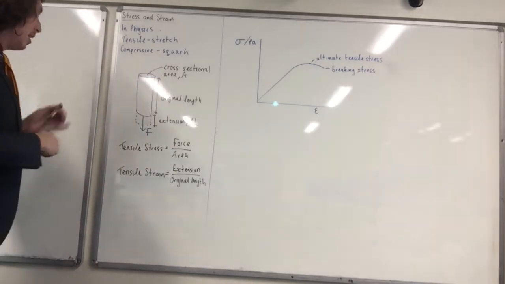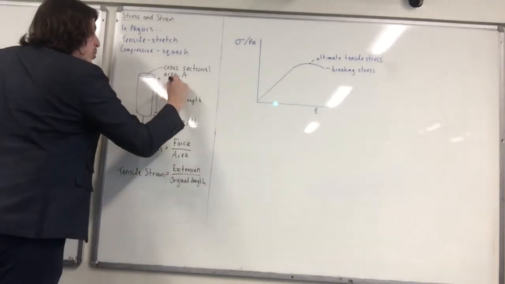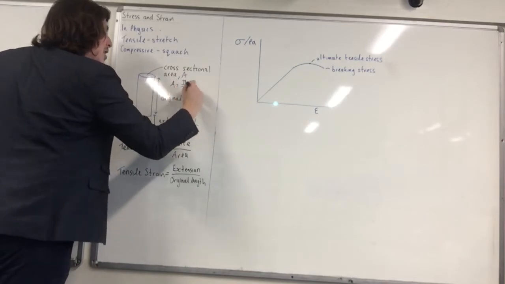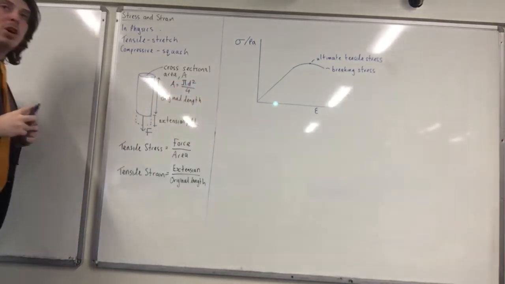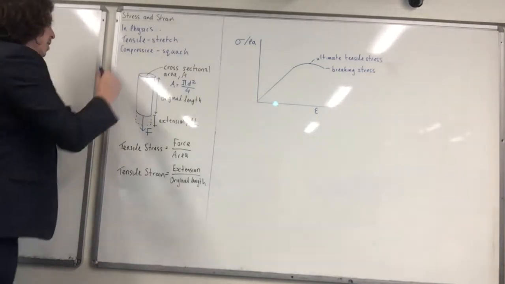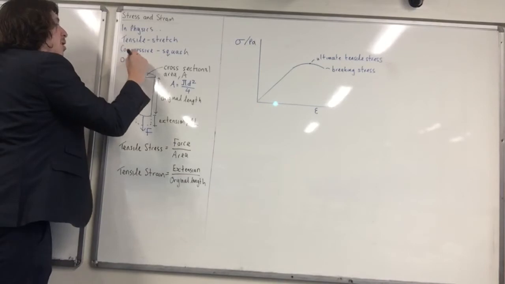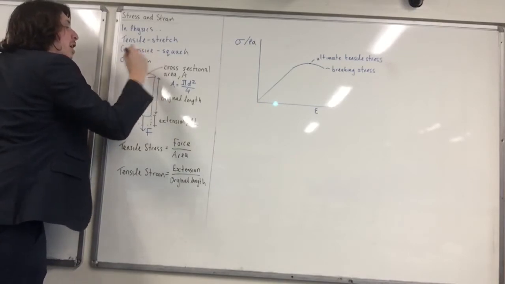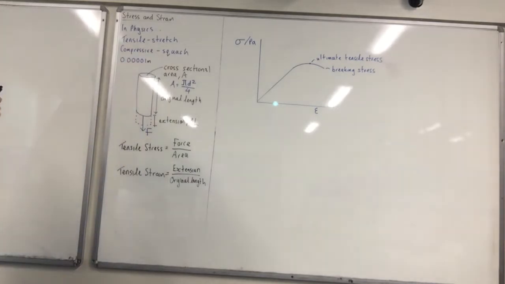And it's a reminder that for the area we would use A equals pi d squared divided by 4, which will give you a result in meters squared. A reminder that a micrometer measures to 5 decimal places within a metre.